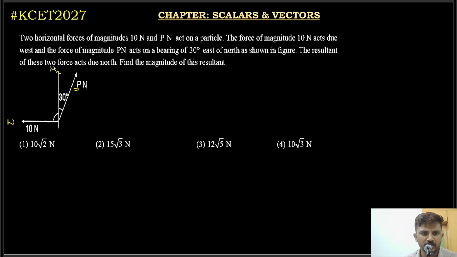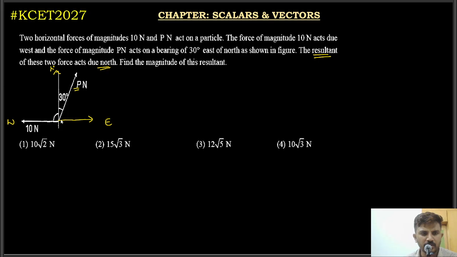This is the north direction, it is directed east of north. The resultant of these two forces acts due north. Find the magnitude and direction of the resultant. The resultant, they are telling, is already fixed. The resultant acts along north.